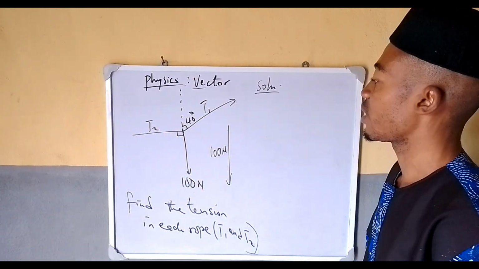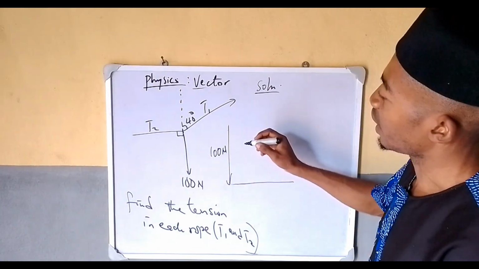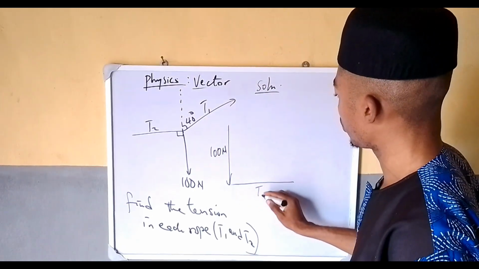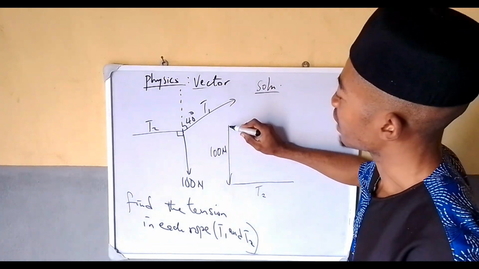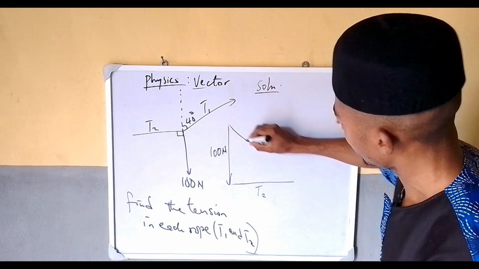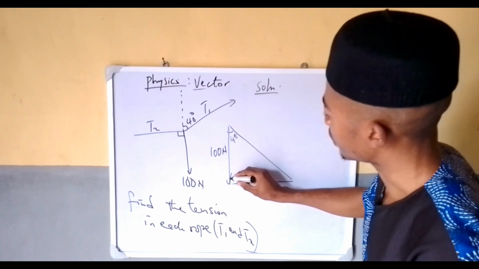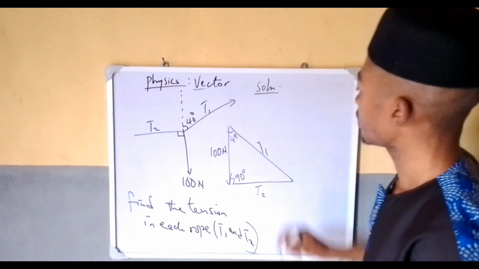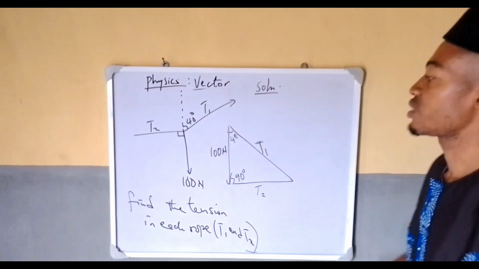This is angle 90 here, and this is my T2 here. There is tension T1 inclined at angle 40 to the vertical. You can see it here. This one is inclined at angle 40. This is inclined at angle 90. So this is T1. We are to find T1 and T2.